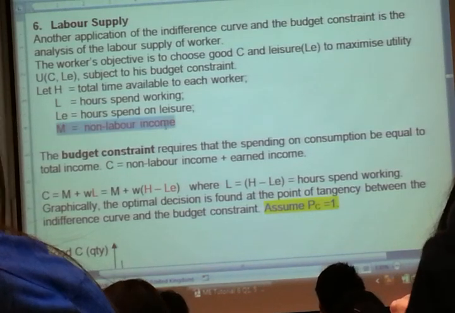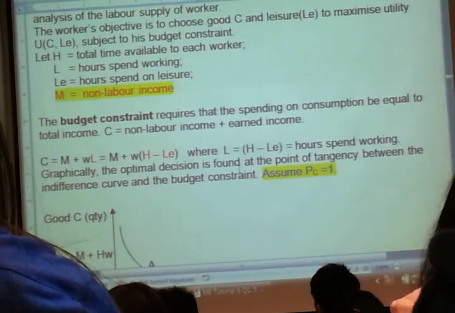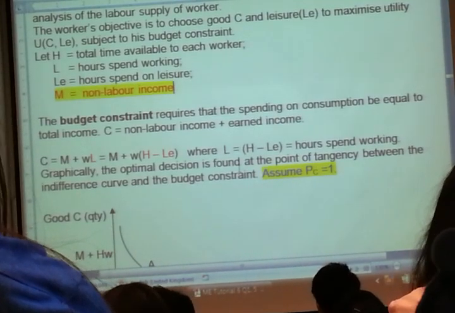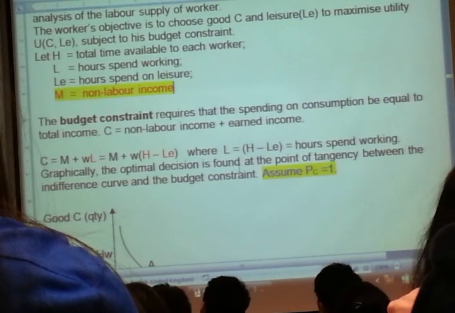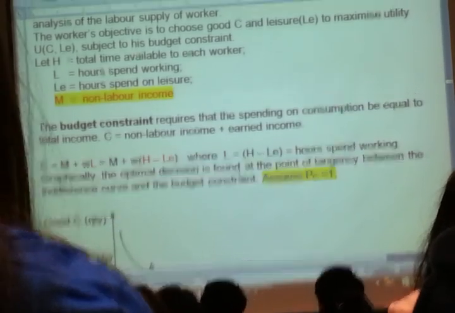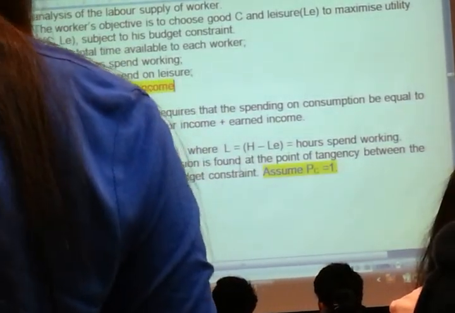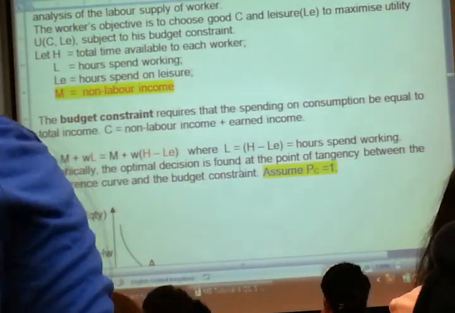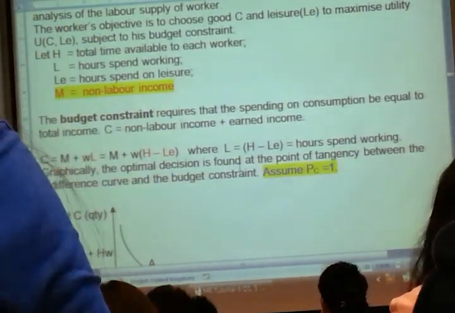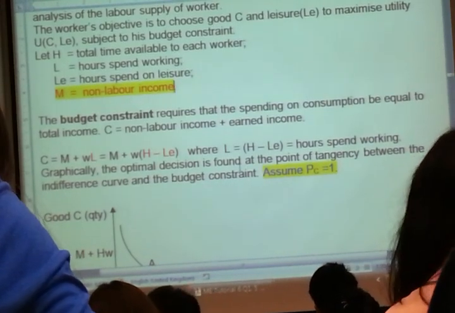Non-labor income. So what's non-labor income? It's not income that's derived from working. It's income derived from maybe inheritance, maybe past savings. So that means that even if a person doesn't work, does that mean he can only buy 0 units of C? No. So that's why there's a difference.